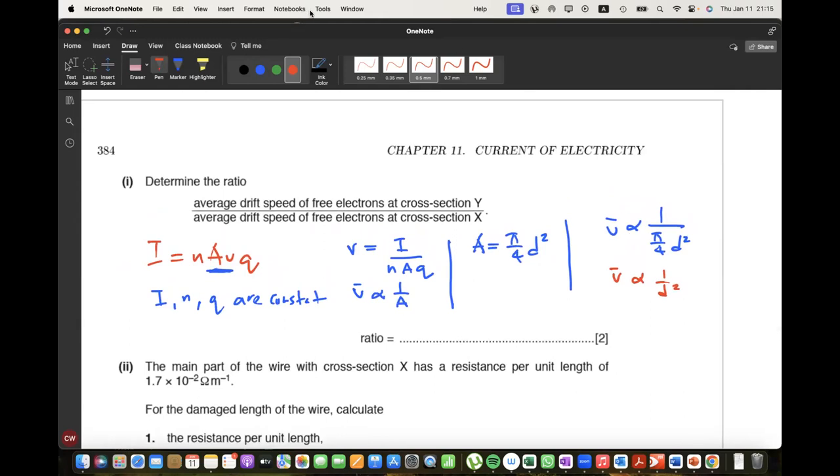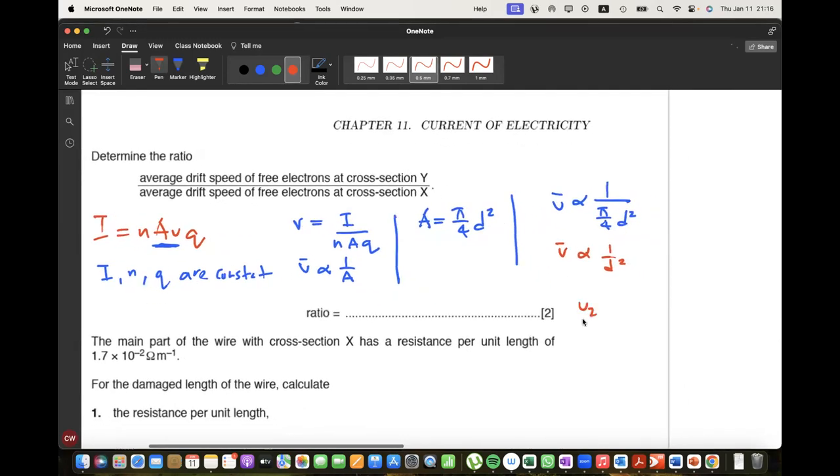Okay, do you follow? Okay, the ratio V2 over V1.